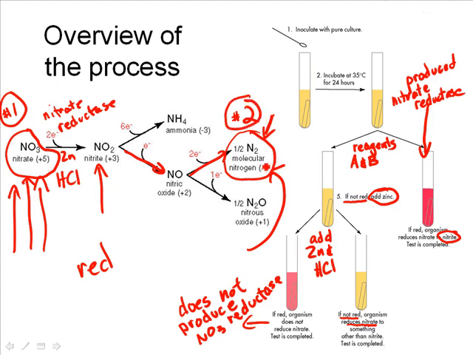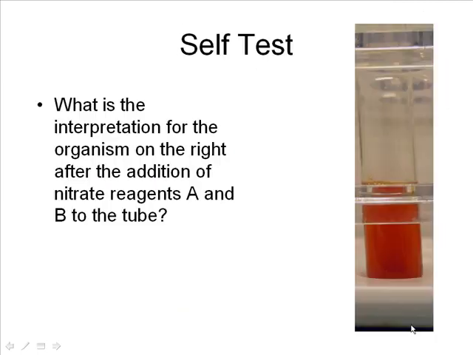So by adding zinc and HCl, either you're going to determine it does not contain nitrate reductase, therefore the zinc and HCl produce the nitrite, that's what the red color here means, or if it's colorless after zinc and HCl, what that means is you had nitrate reductase, but then you took that nitrate and you further converted it.